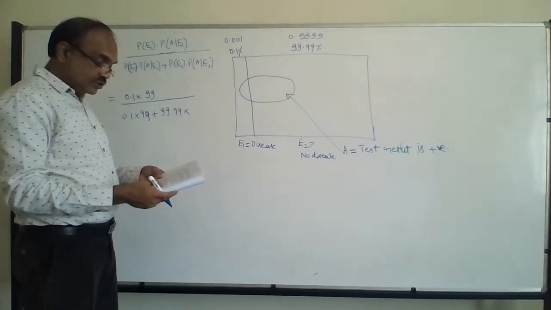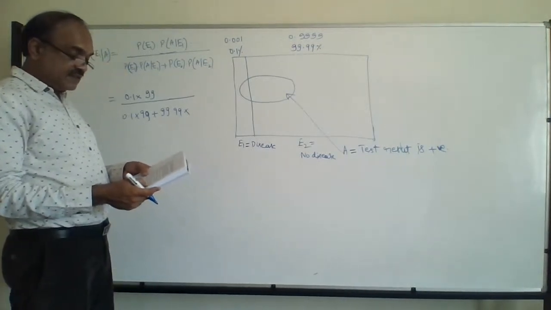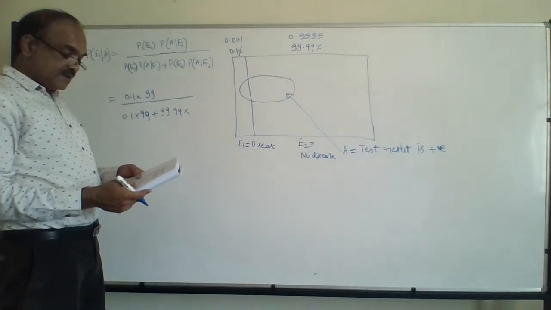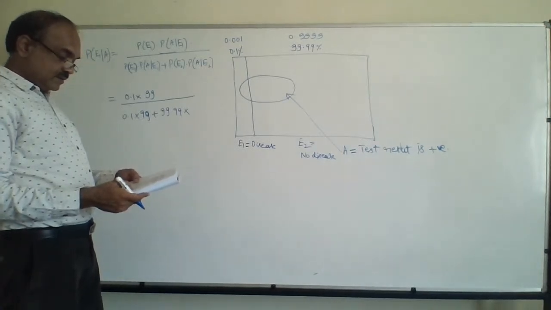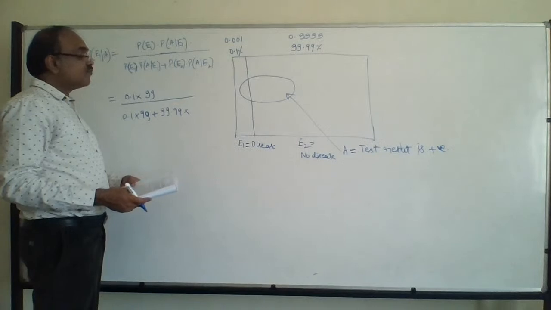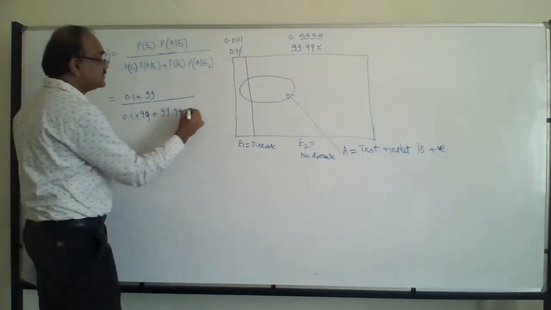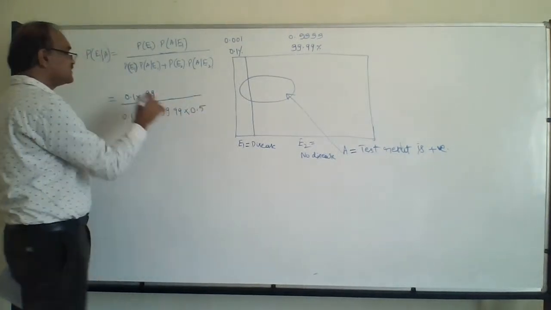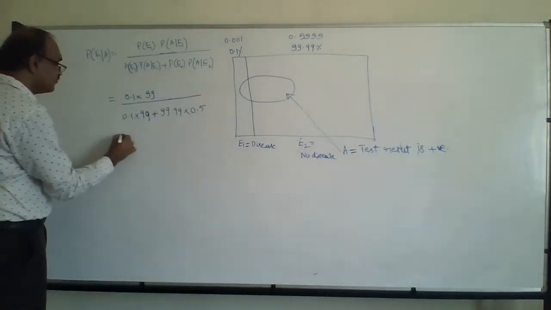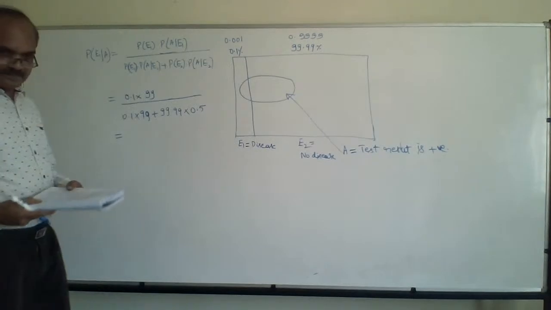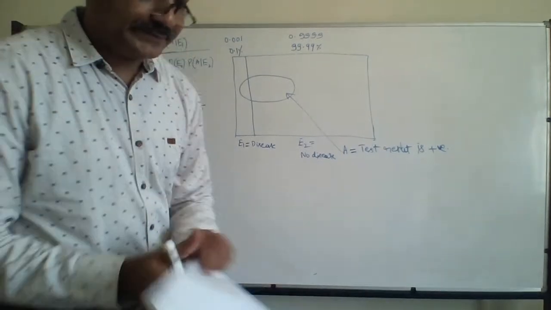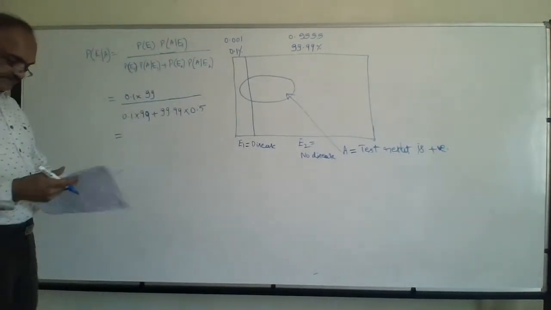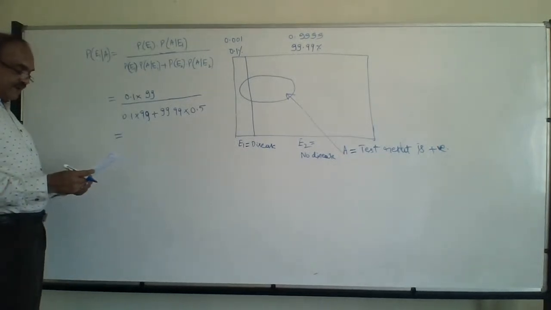They said 0.5% of healthy persons tested get a false positive result. So that is 0.5. Just simplify this; you can use a calculator. What you get is 16.528.